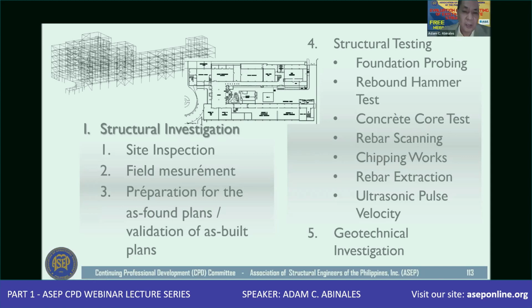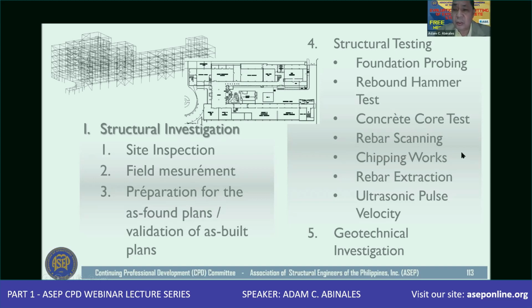You have to expose the foundation so that you'll know what's the size of the footing, what foundation type is used. Then you do rebound hammer test, correlated with the coring test. We do the rebar scanning so that we'll be able to know the amount of reinforcement, and we validate that using chipping works.